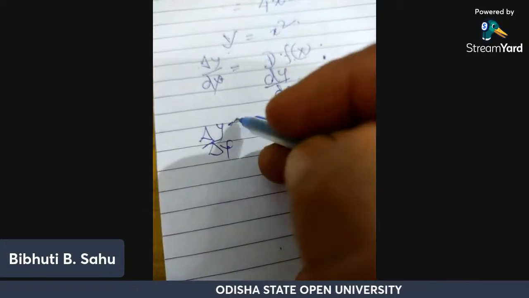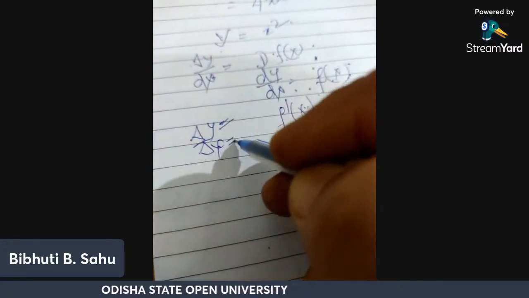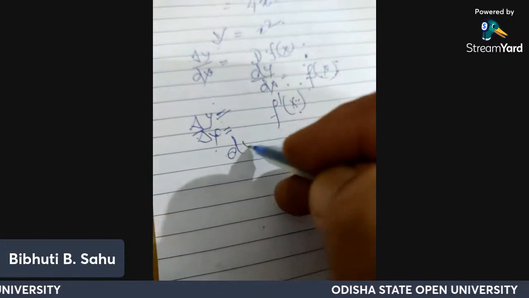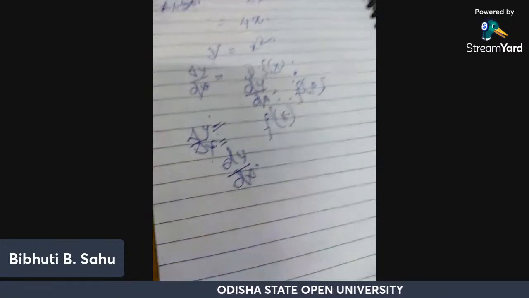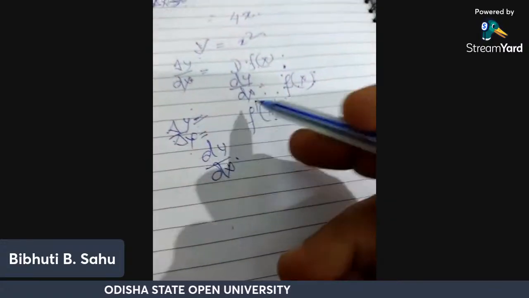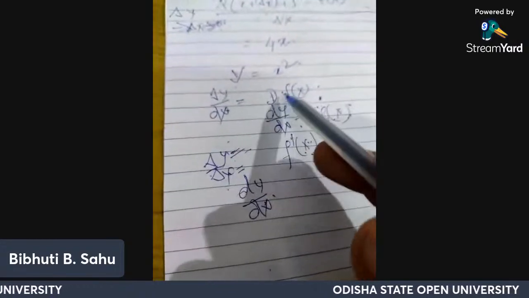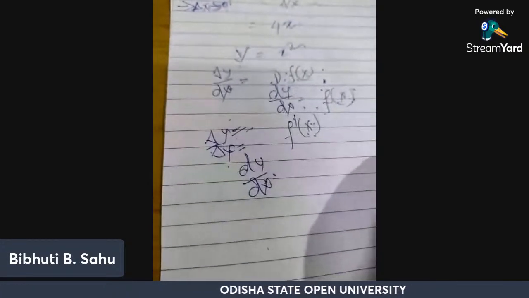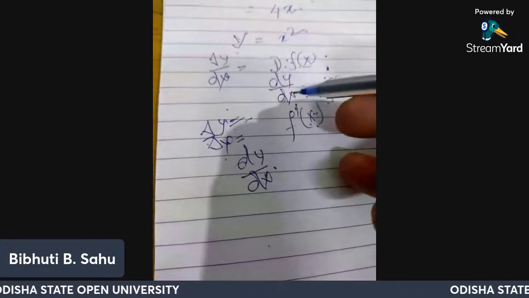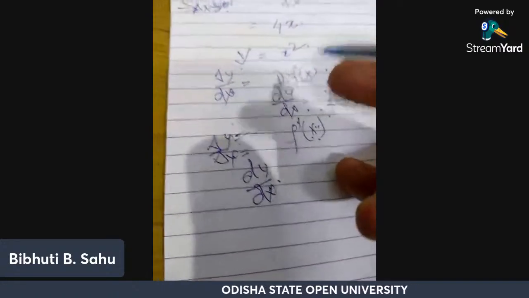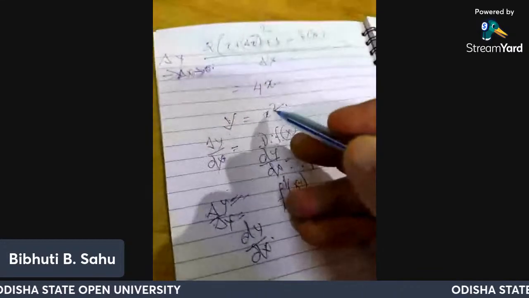Here y is the dependent variable and x is the independent variable, and delta y by delta x can be written as dy by dx. This can be written as f prime x, as f dot x, or as d of f(x). We can use all these different notations, but interchanging them does not change the meaning. They remain the same.